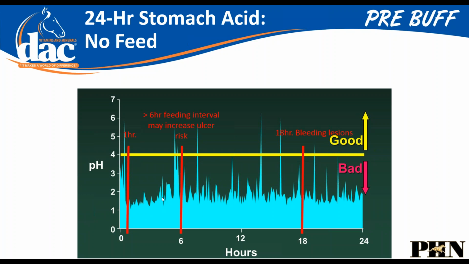What is, I think, more critical to look at is just 6 hours or less of feed deprivation. So if you've got a window of 6 hours or more, we saw increased inflammation in the gut lining.